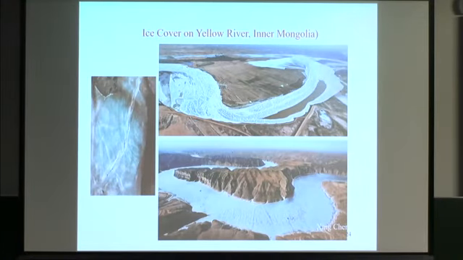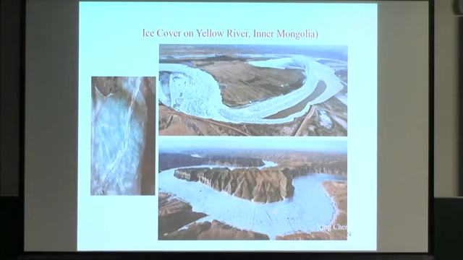Here's another one, again on the Yellow River. This is what we typically see. Okay, and that's a smooth ice cover with cracks. But this, I have never seen something like this before.